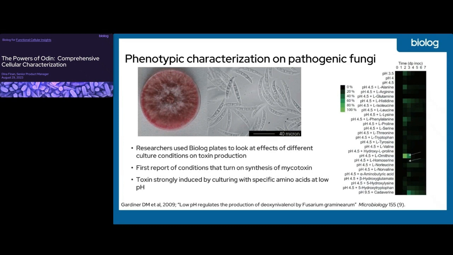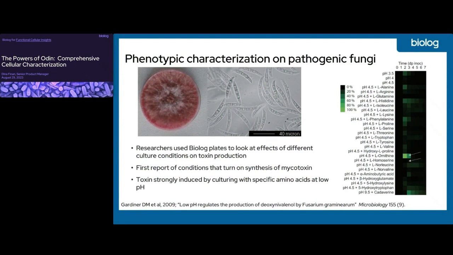And we have these arrays of plates with sort of pre-selected conditions, and I'll talk more about them in a minute, but that makes it really easy and fast to screen through a range of conditions. So on this particular plate, they were able to look at a lot of different nitrogen sources, and we have combinations at high pH and low pH, and they found really strikingly this huge difference in the amount of toxin produced at low pH, 4.5, with L-ornithine compared to a different nitrogen source like homoserine.